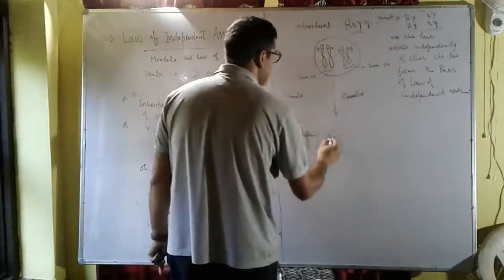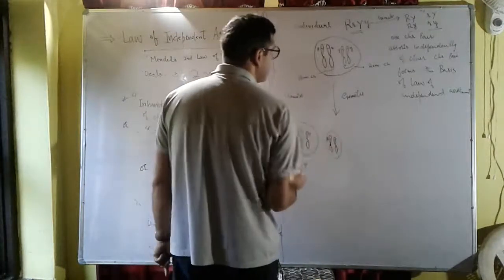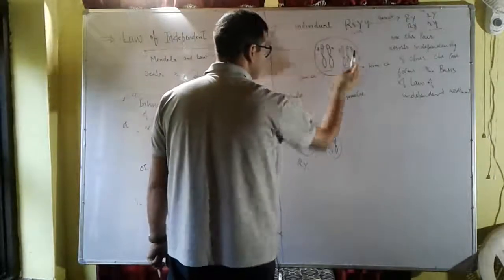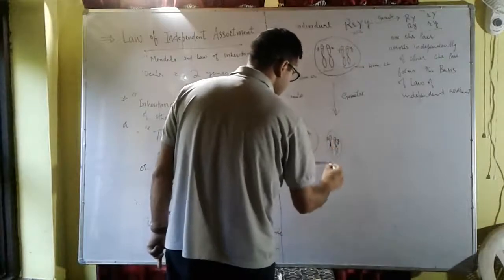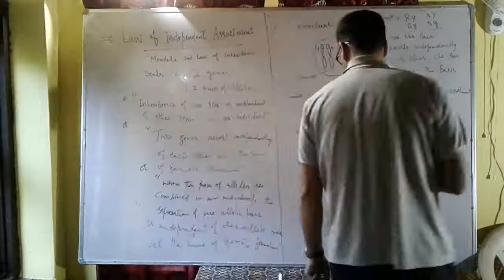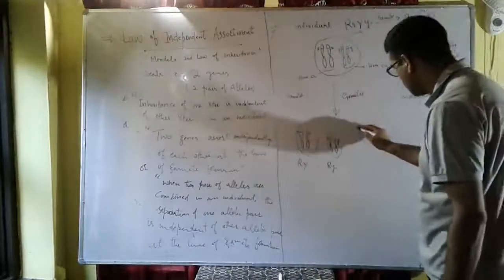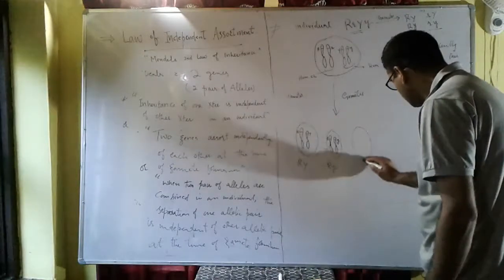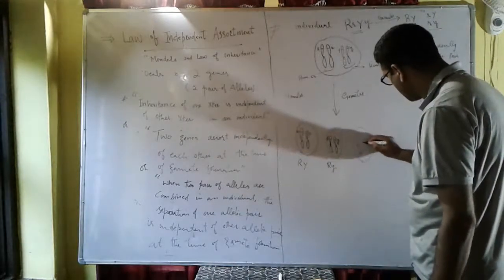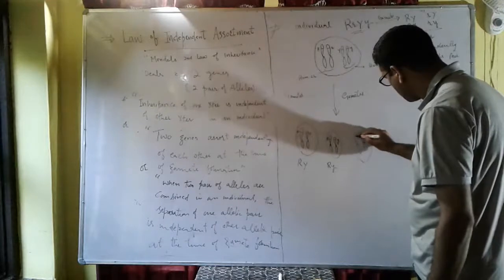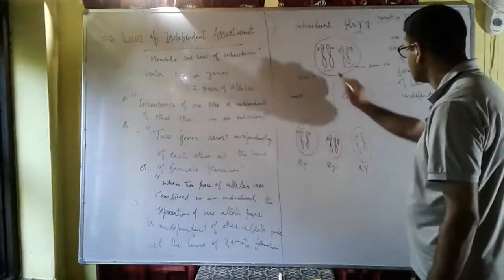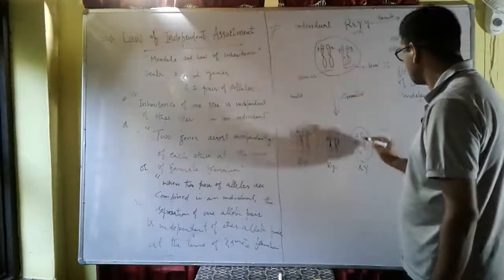So this is capital R, small y, and this is small r, capital Y.